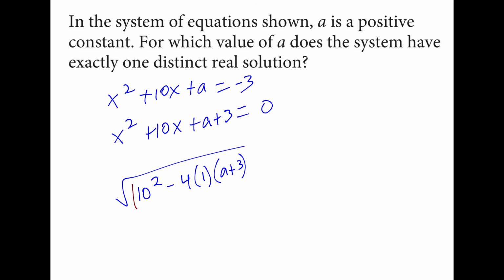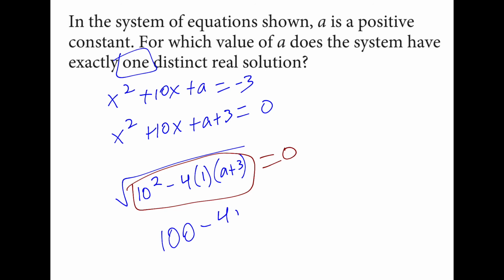And this part here will equal 0 when there's one solution. So this is 100 minus 4a minus 12 is equal to 0. So minus 4a is equal to negative 88. So a is equal to 22.